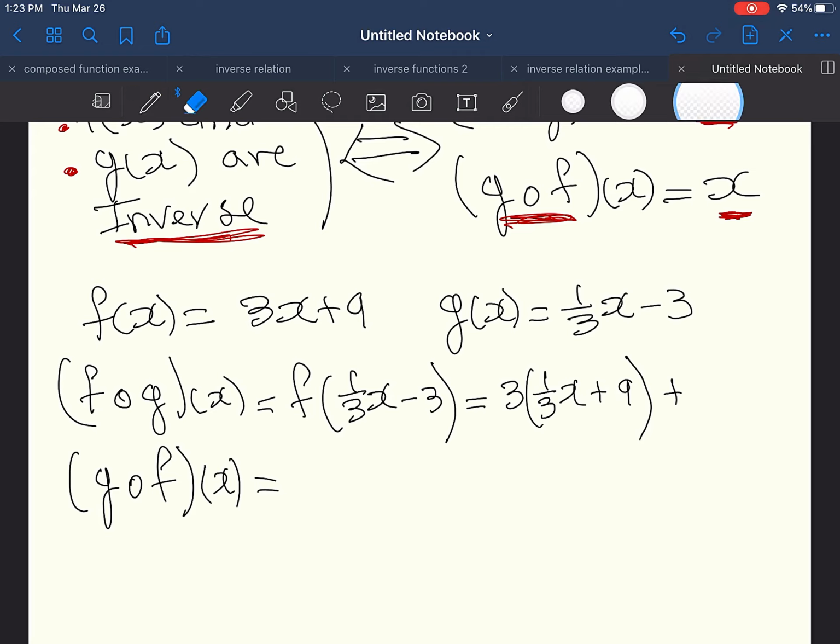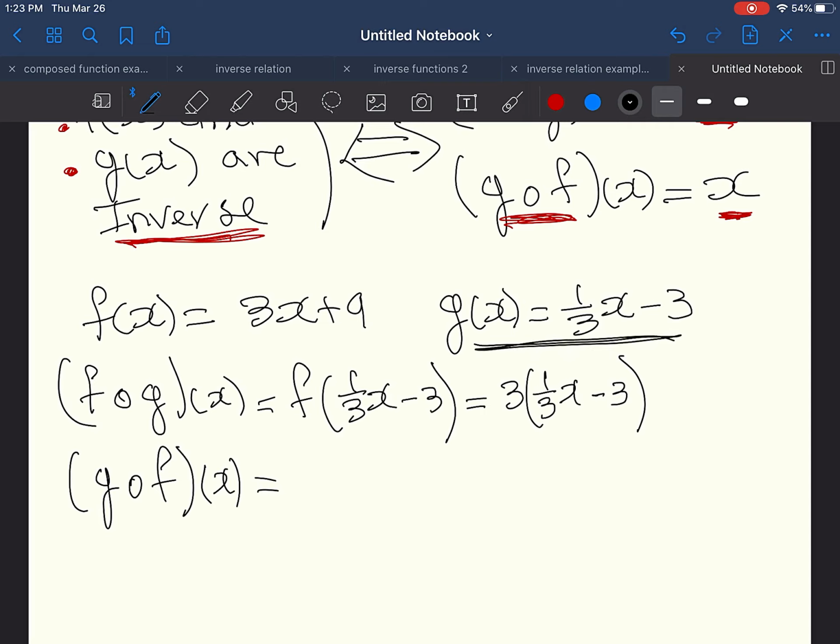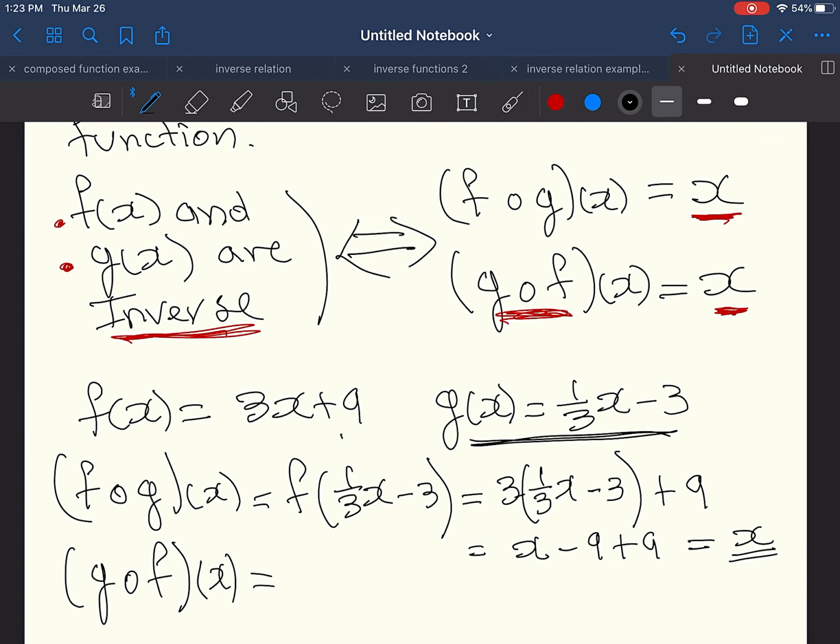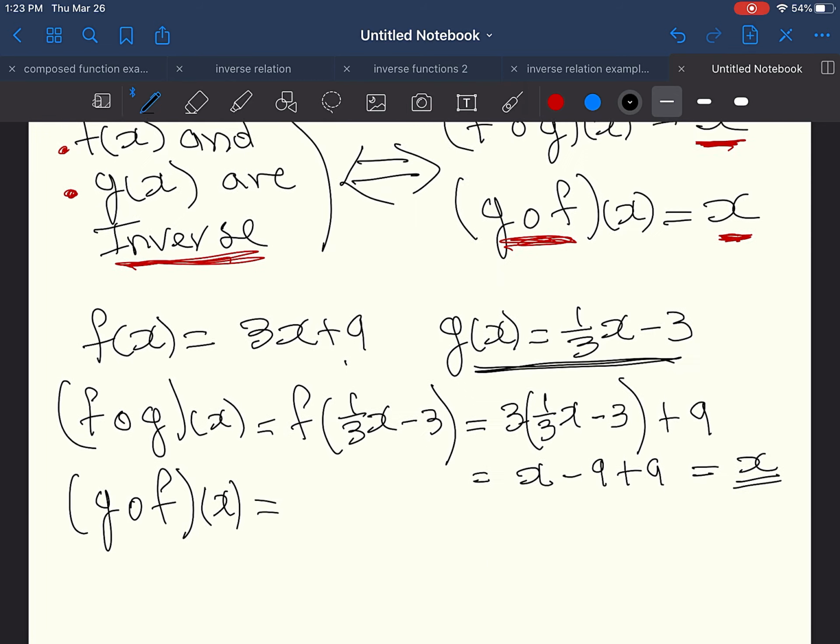I made a mistake here. It's 1 over 3 times x minus 3, because this is g, plus 9. And now here it is x minus 9. 3 times 3 is 9, plus 9. And finally, minus 9 plus 9 is 0. I have x. Now, when I say f composed with g, my final answer is the identity function.